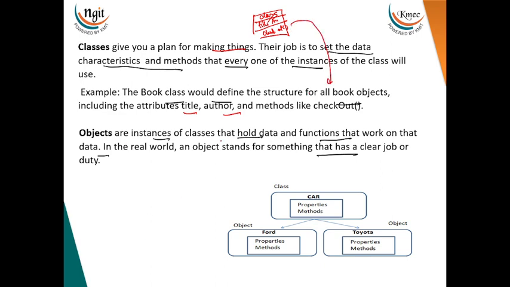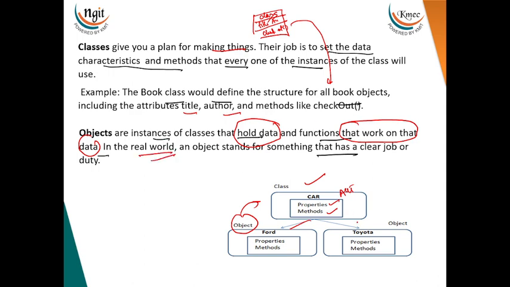Objects are instances of a class that hold data and functions that work on that data. Please do remember that. Like we have a class of car, which has properties and methods. Properties are nothing but your attributes. In that class we can have one car called Ford, which becomes an object of it. That is what works on data in the real world.